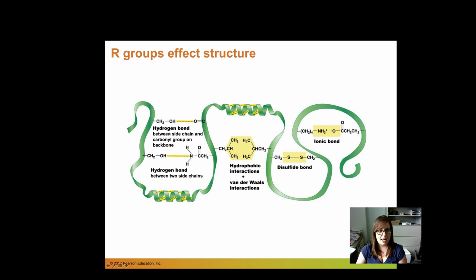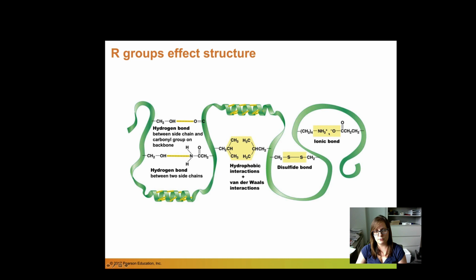You also can get hydrogen bonds either between a side chain and a backbone or between two side chains, right? So you can get these partial charges of this hydrogen, that's partially positive, interacting with this nitrogen here, and it forms a hydrogen bond. The charged amino acids, here we have an acidic and a basic amino acid R group, and this will form an ionic bond.